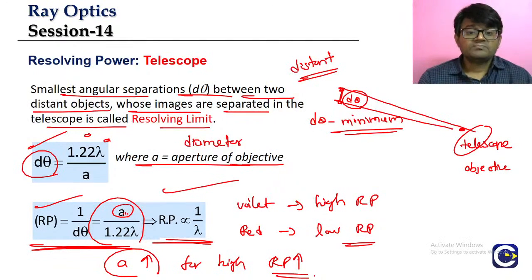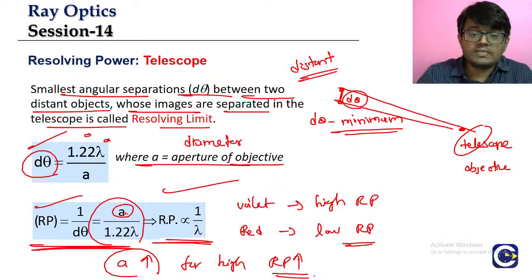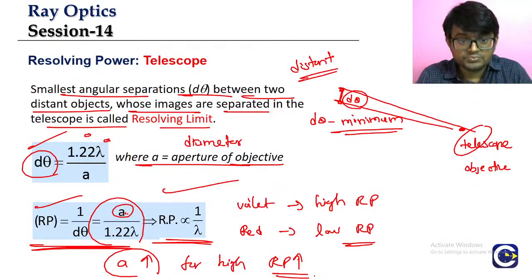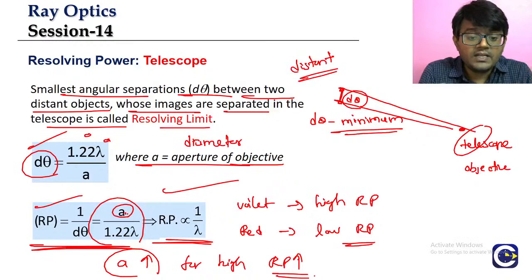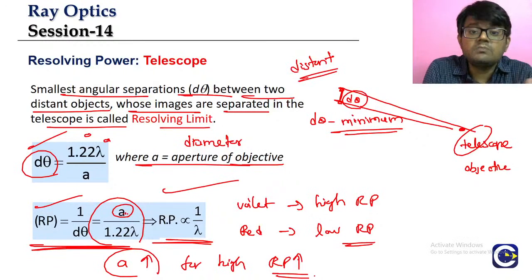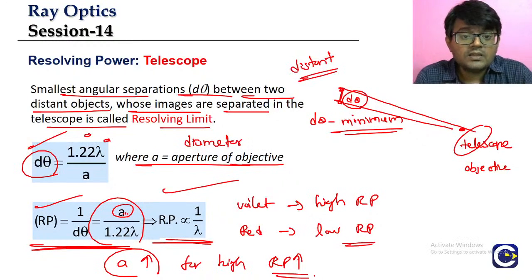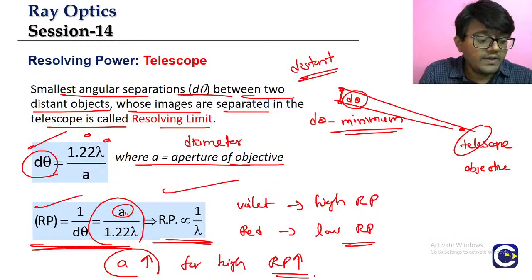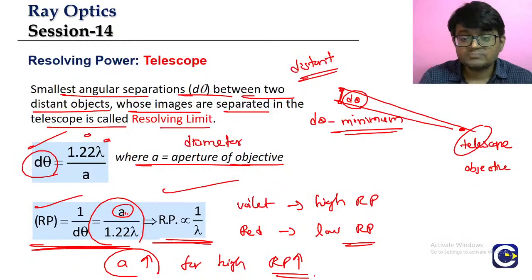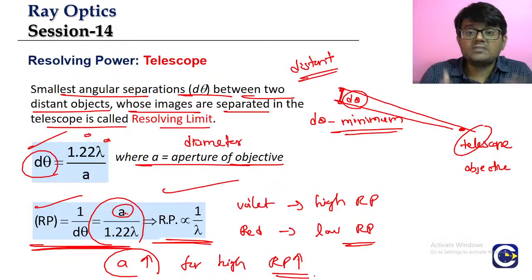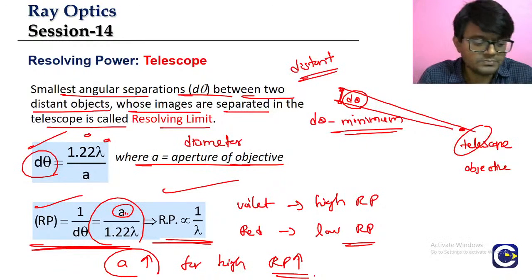Not only that, it will cause problems in setting up the entire telescope, and issues in the easy movement of the telescope. So a higher aperture lens will give us a high resolving power, but the issues with that are, one, aberrations. Second, the lens will become so huge and the entire telescope will become very heavy.